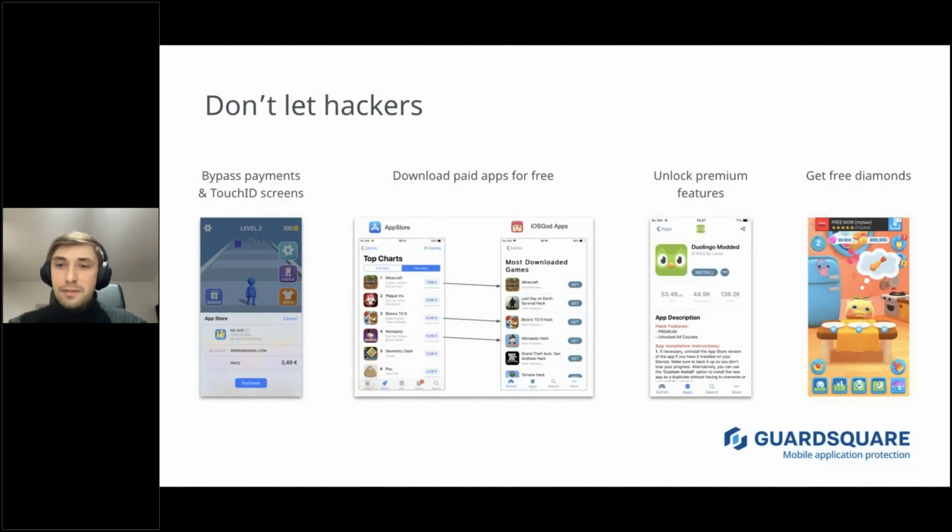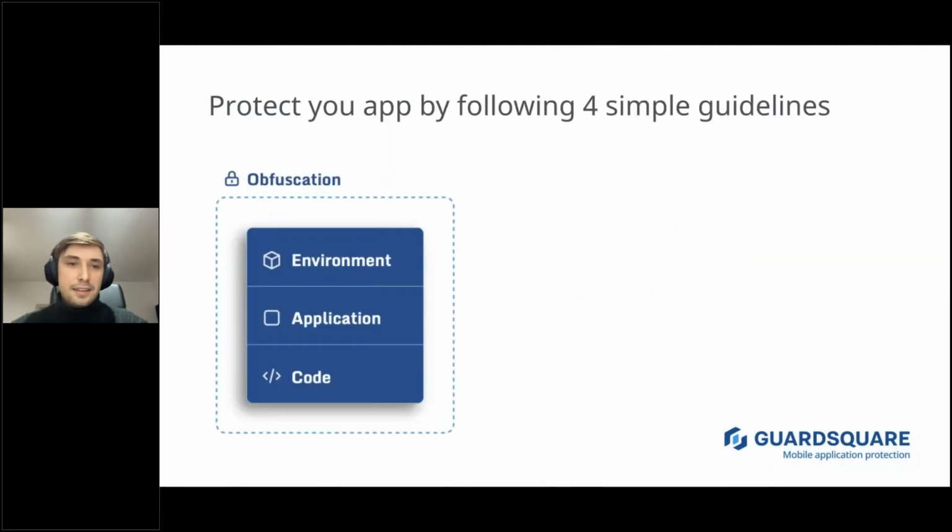Then I will also cover how to modify the number of diamonds in some games just by modifying the memory directly. And later on, I will show you how to protect against all of those attack techniques just by following 4 simple guidelines. Those are environment integrity, application integrity, code integrity, and obfuscation.